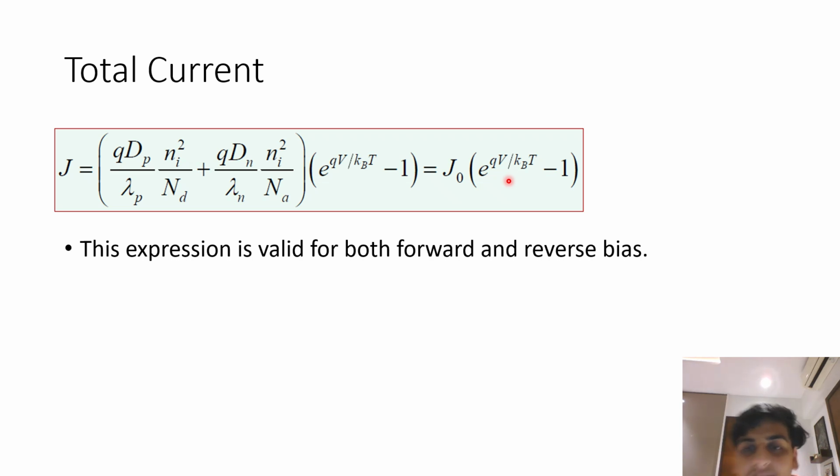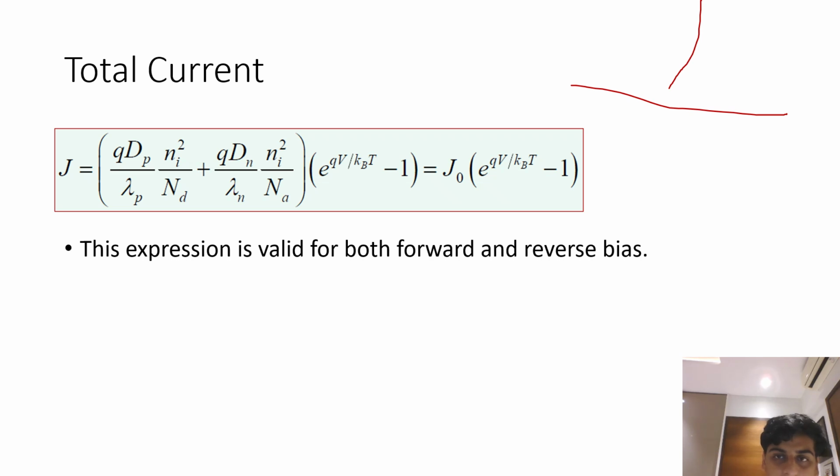Now, something that we can do is some gut checks. One is that since it varies exponentially with voltage, we can easily get this part of our IV.